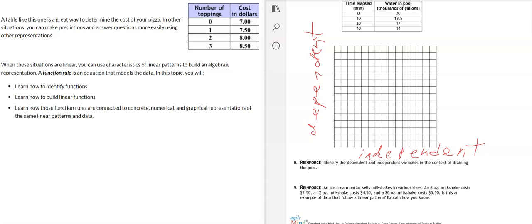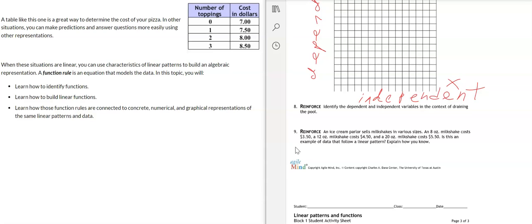Often the independent variable is denoted by X, most commonly, and the dependent is denoted by the Y on the vertical. So when you create your graphs, make sure that you put your independent variable across the bottom of your graph and your dependent variable on the vertical side of your graph. Okay? So in the pool water situation, which is the independent and which is the dependent?